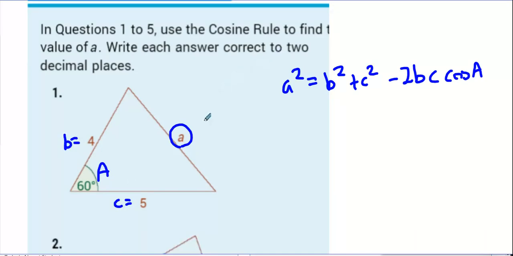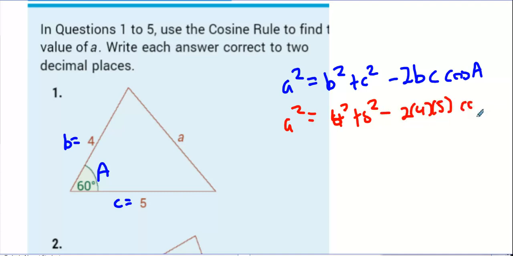60 is not that big of an angle. a shouldn't be too much bigger than 4 and 5. Okay, so let's find out. a squared equals, what's it? 4 squared plus 5 squared minus 2 times 4 times 5 cos 60. Throw it all into the calculator in one go.